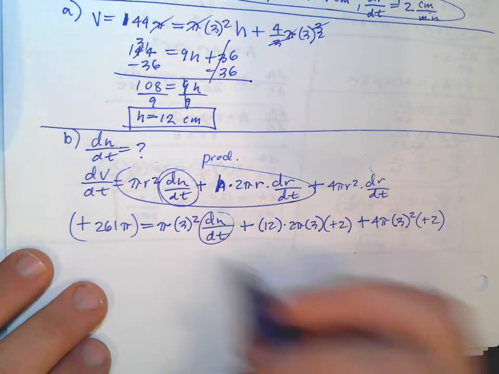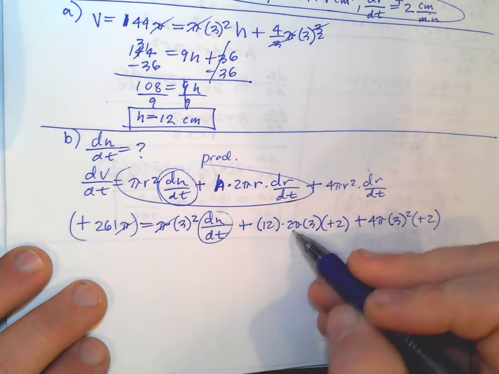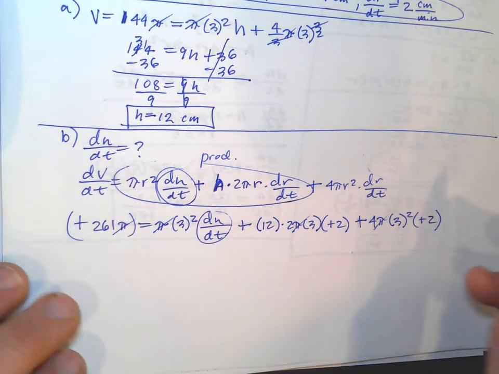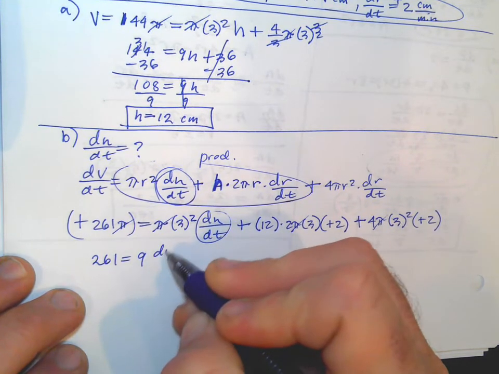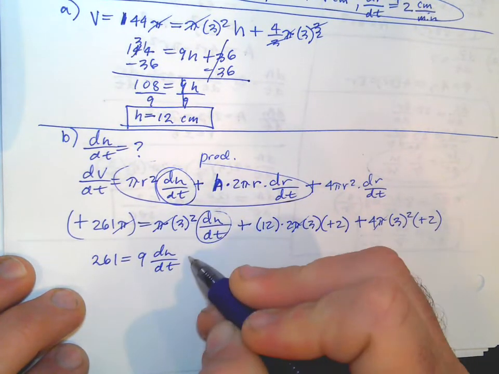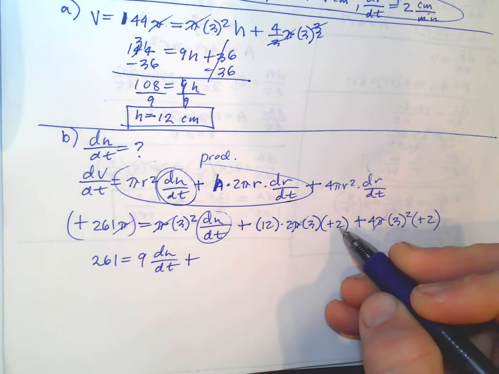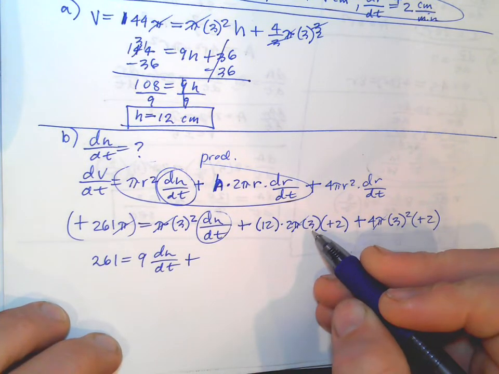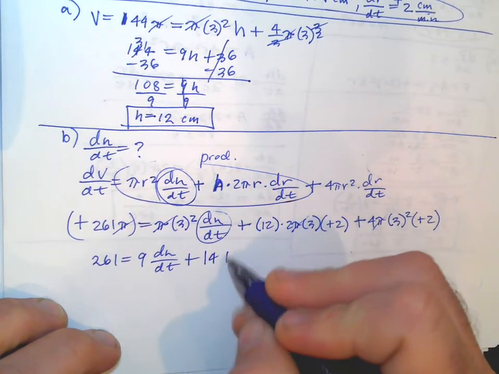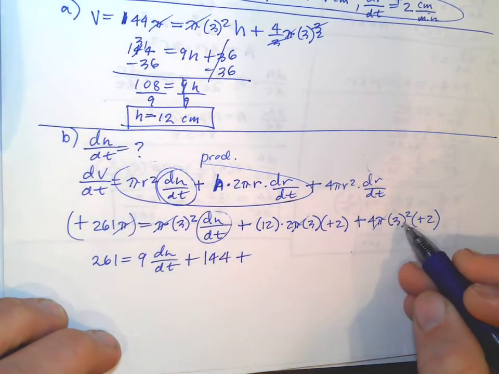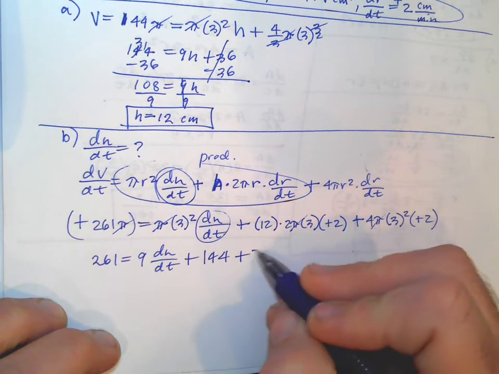There is a pi in every term, so we divide a pi out of everything right away if you want. So we have 261 equals 9 dH/dt plus, this is going to be 12 times 12, 144, plus this is going to be 9, 36, 72.